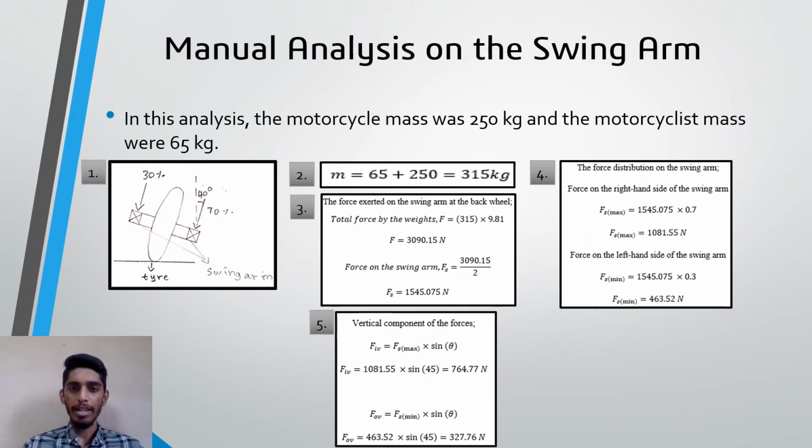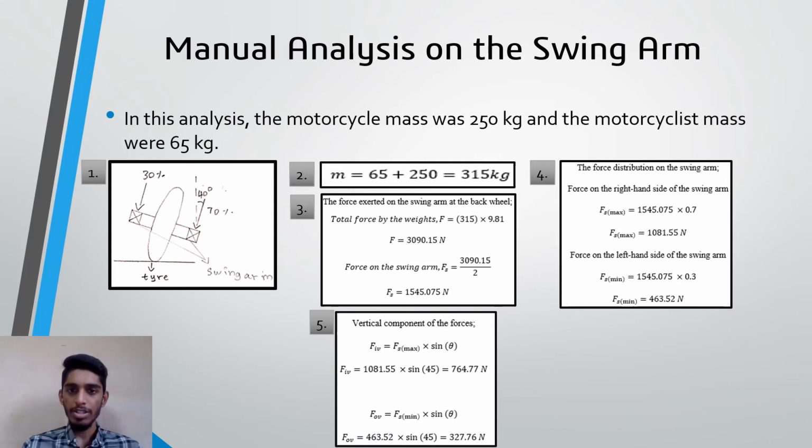In the second picture, we can see the total weight, which is the motorcyclist weight, 65 kilograms, and the motorcycle's weight, 250 kilograms, and we add them up to get the total weight.